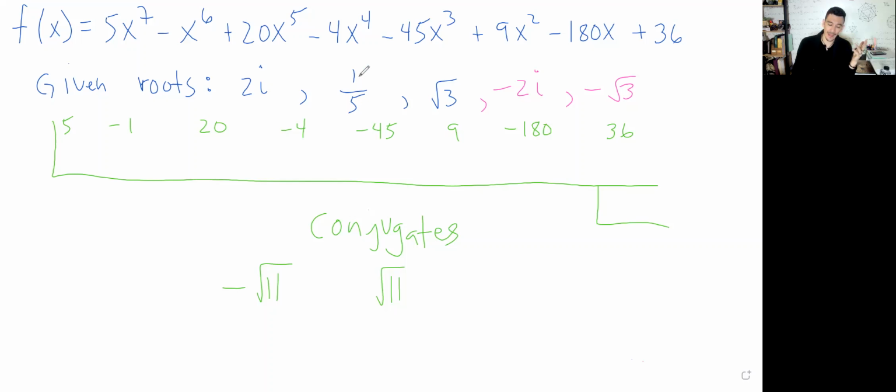You know how 1/5 is rational because you could express it as a fraction between integers. If it's a regular number or a nice fraction, do you include its conjugate? No, that's not what we're saying. We're saying if a number is imaginary or irrational, then for sure, you have to include its conjugate.